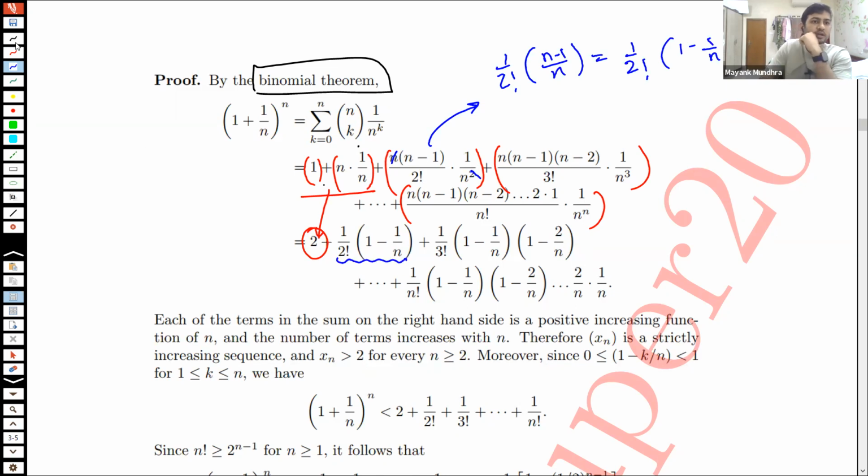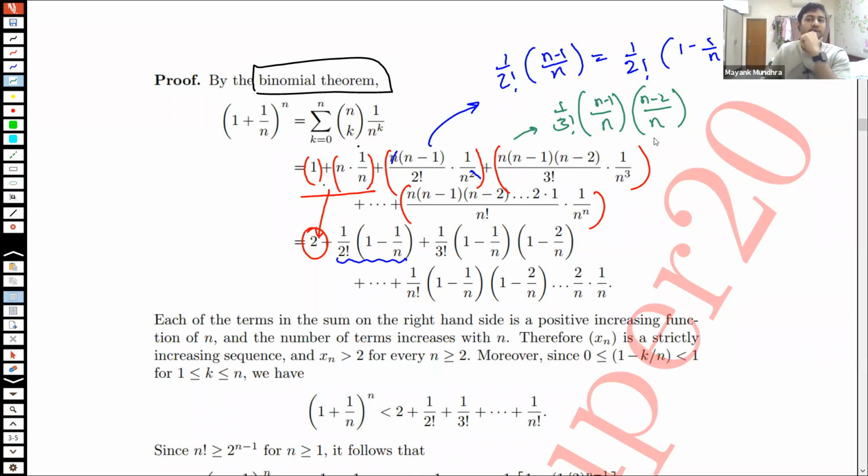Okay. In the third bracket, what I'll get is this n and n will cancel. What I'll be left with is 1 by 3 factorial into n minus 1 into n minus 2 upon n square. So n square can be broken as n into n. So you can really write this in this manner: n minus 1 by n into n minus 2 by n.